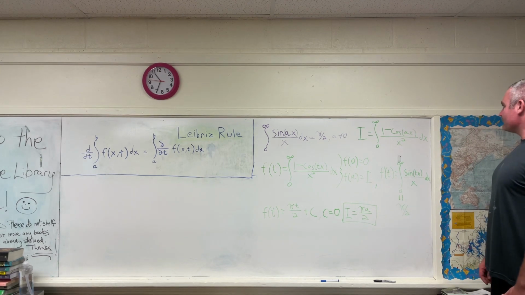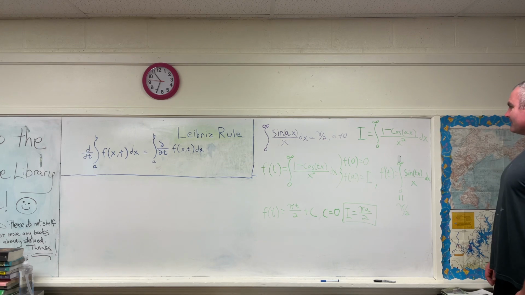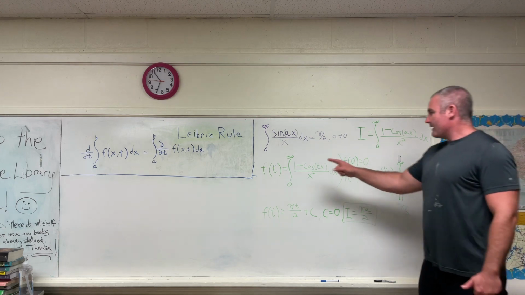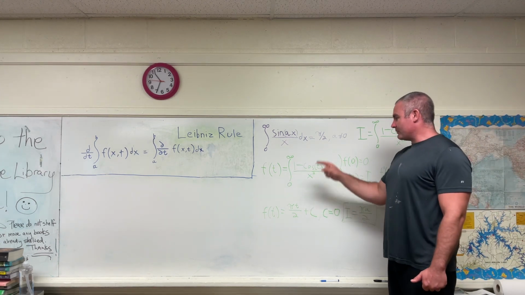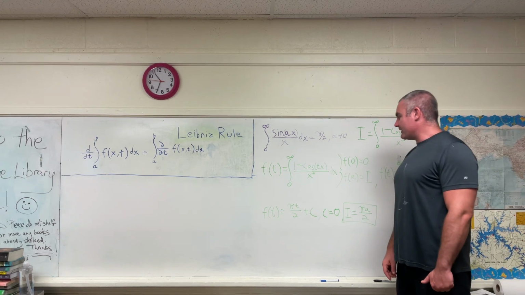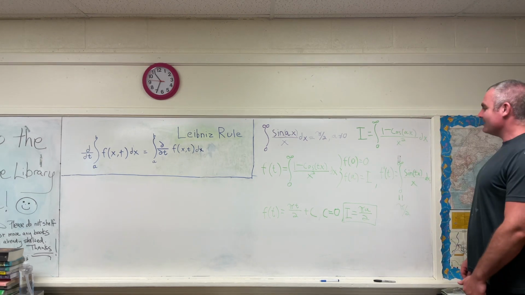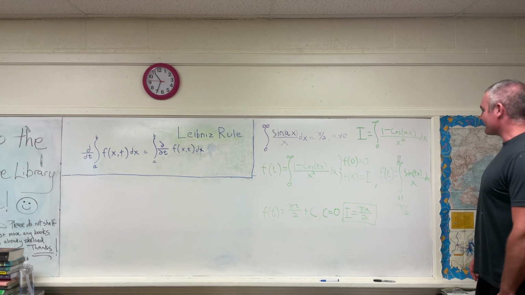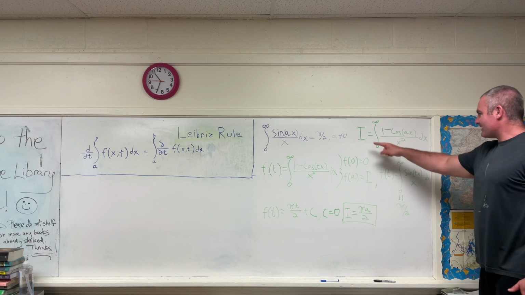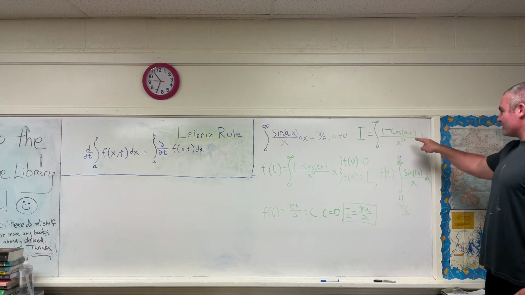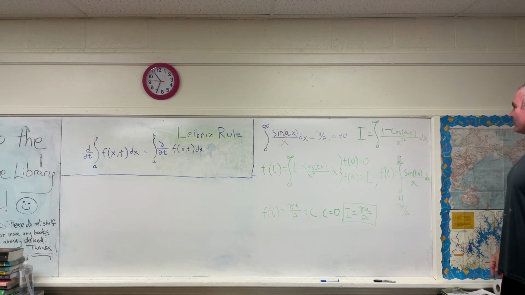So, like always, what we're going to do is create a function of t and go from there. So, f of t is equal to the integral from 0 to infinity of (1 minus cosine of tx) over x squared dx. Now, I realize I could have just called this a function of a. That's true.